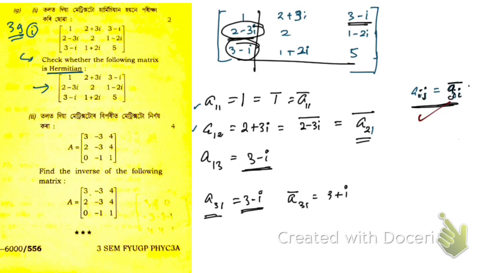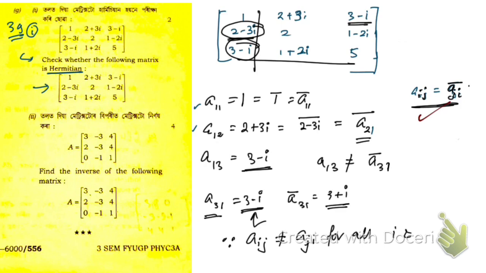If you take the complex conjugate of 3 minus i, you get 3 plus i. So these two are not equal, and a13 is not equal to the complex conjugate of a31. Since aij is not equal to the conjugate of aji for all i and j, therefore the given matrix is not Hermitian.